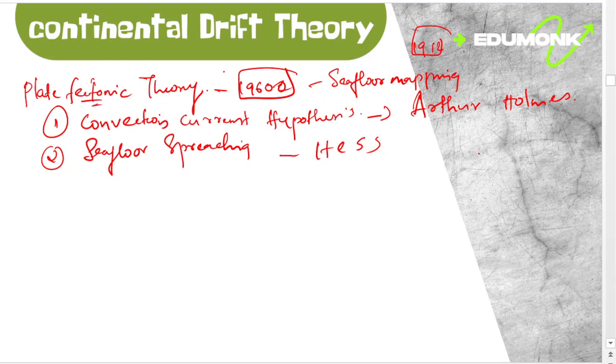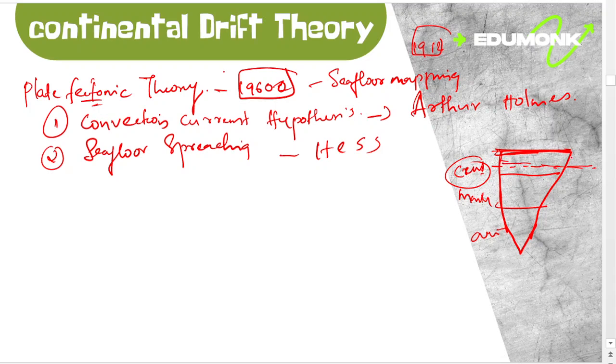In this plate tectonic theory, we have to understand the interior of Earth. The Earth has different layers: outer crust, then mantle, and core. Crust is the outer surface of Earth's interior, the surface on which we are living. The crust portion is the lithosphere. Underneath the crust, there is a layer called the asthenosphere.